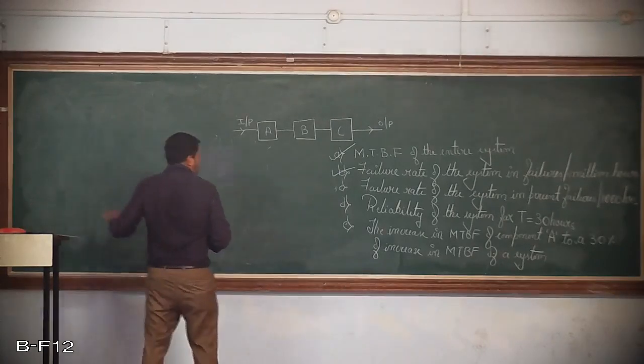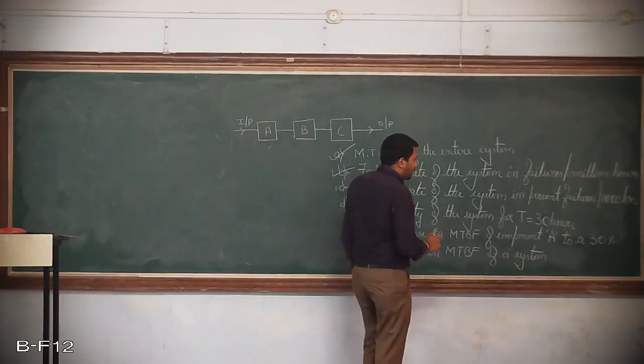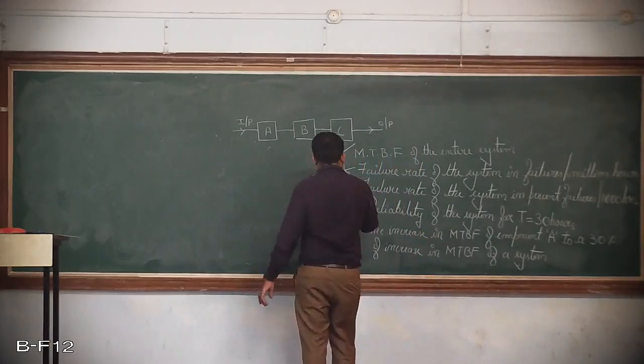And C, failure rate of the system in percent failures per 1000 hours.